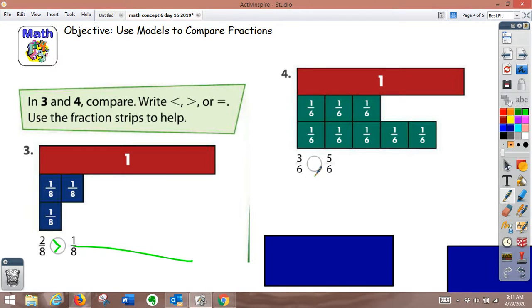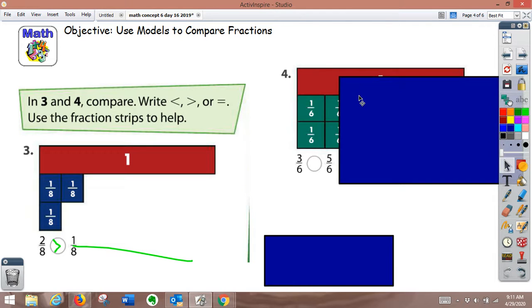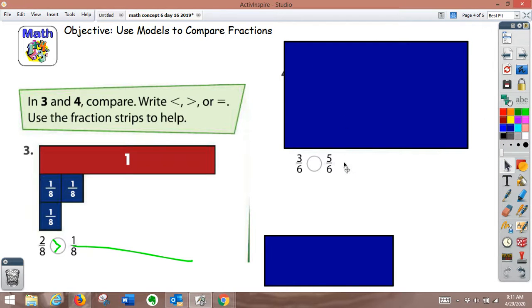3/6 greater than, less than, or equal to 5/6. Well, I already know without even looking at this that 5 is larger than or greater than 3. I know they're comparing the same because the denominator is the same. So everything is the same size when I look at that denominator. When I look at the numerator, I see that 5 is larger than 3.